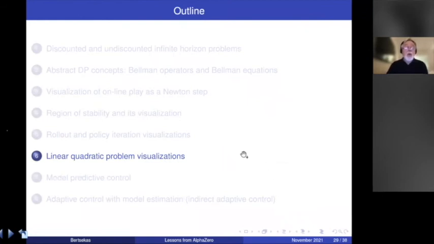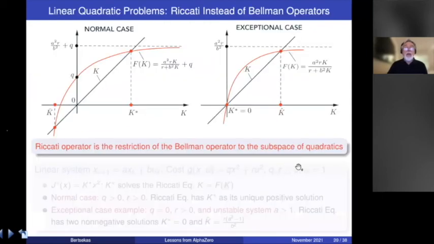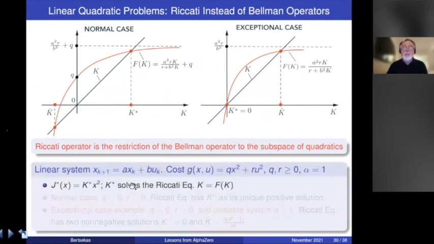So now let me go into a familiar problem for people in control, the linear quadratic problem. In linear quadratic problems, there are similar visualizations, but instead of using the Bellman operator, we use the Riccati equation operator. For illustration, I'm using a one-dimensional linear system with an A coefficient and a B coefficient, a quadratic cost involving non-negative Q and R coefficients, and alpha equals 1, no discounting.